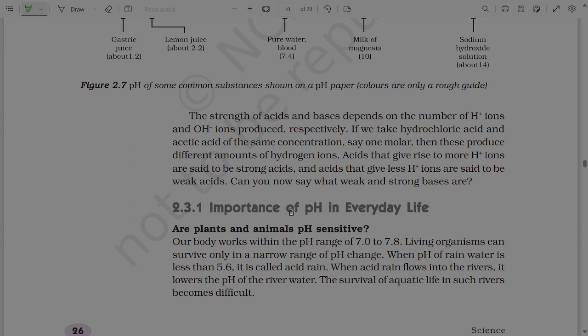Acids that give rise to more H+ ions are said to be strong acids, and acids that give less H+ ions are said to be weak acids. Now what are weak and strong bases? Weak bases are those which give fewer hydroxide ions, and strong bases are those which give more hydroxide ions.